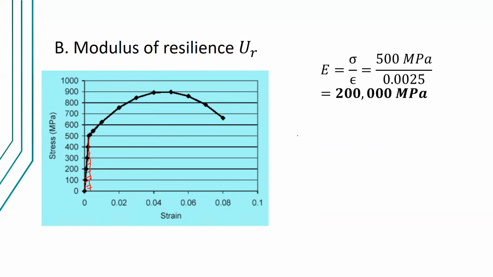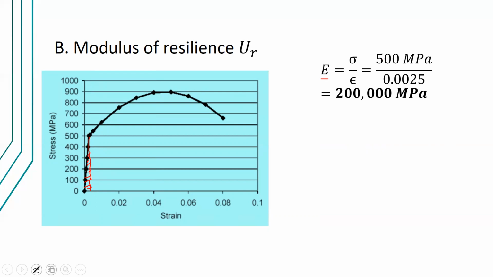So how do we calculate that? First, you need to calculate the modulus of elasticity. How do we compute that? The modulus of elasticity is simply the slope of this line here.